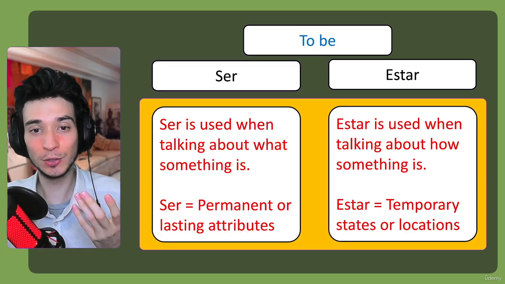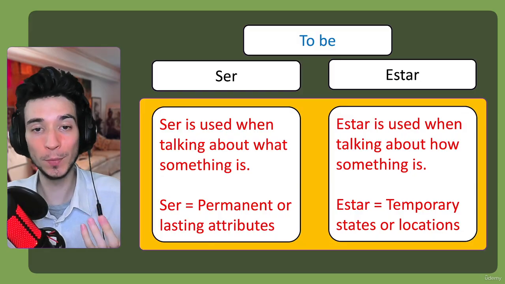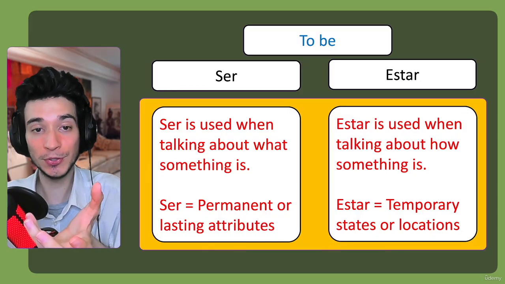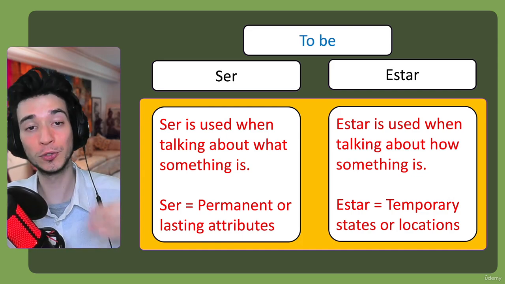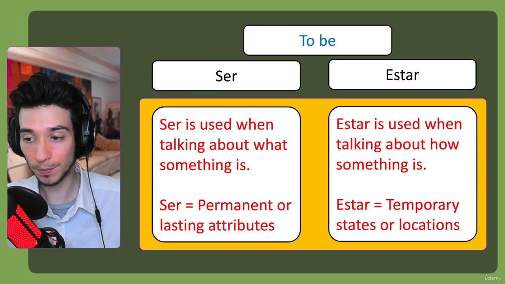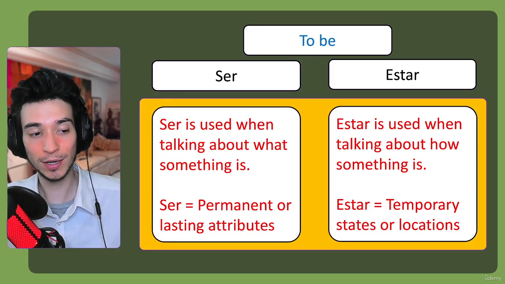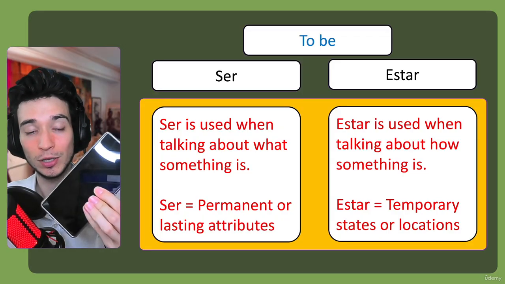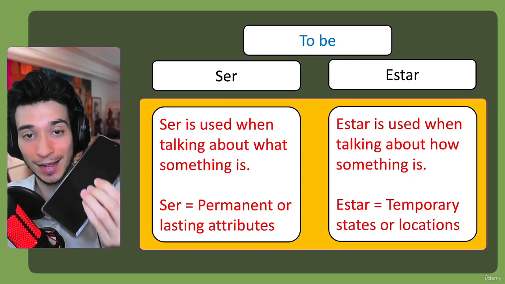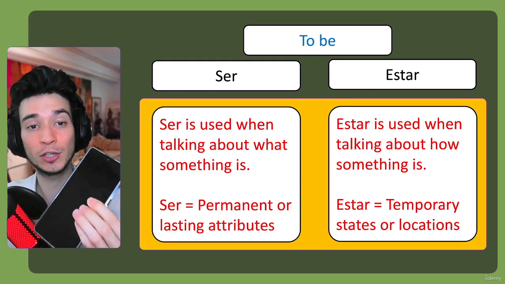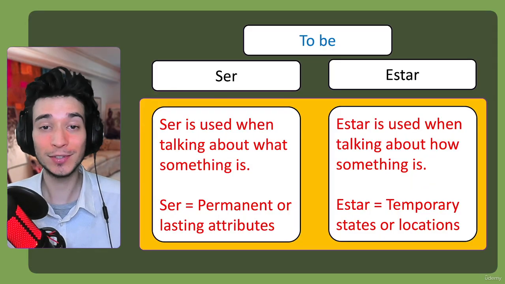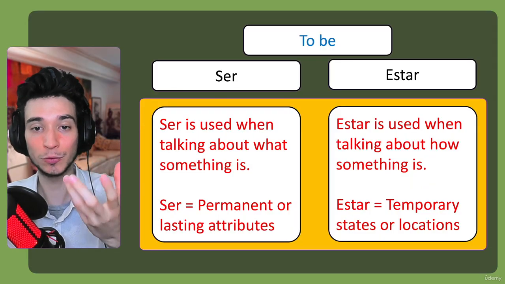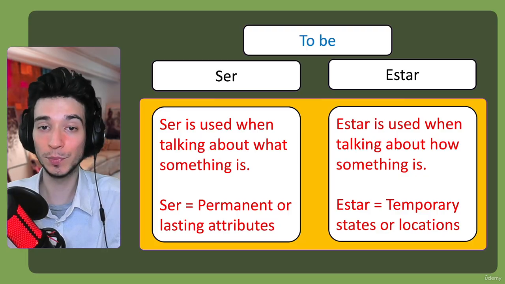Ser is used for permanent or lasting attributes. For example, if you have something and you know it will never change, you can use ser. My cell phone is small. In this case you will use es, because it's always small. It will not suddenly change and become bigger. That's why we use ser for permanent or lasting attributes.